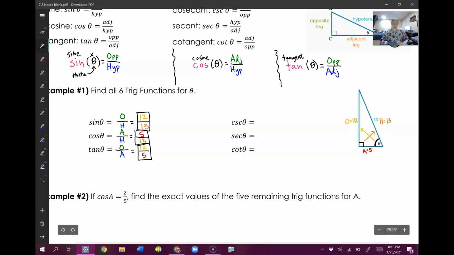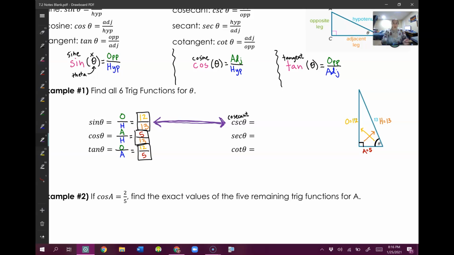Cosecant, secant, and cotangent. This is another thing you're going to want to memorize. First off, you need to remember that cosecant, which we shorten to CSC, is paired with sine. Always, always. Cosecant is always paired with sine.